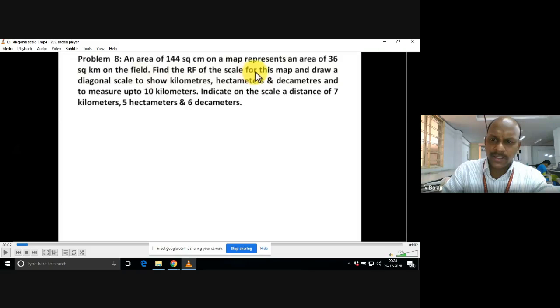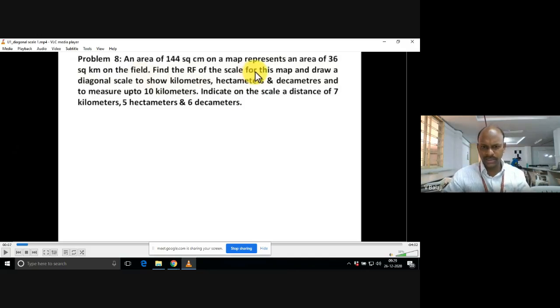An area of 144 square centimeter on a map represents an area of 36 square kilometer on the field. Find the RF of the scale for this map and draw a diagonal scale to show kilometers, hectometers, decameters, and measure up to 10 kilometers. This is the specific question. After construction is over, you need to mark a distance of 7 kilometers, 5 hectometers, and 6 decameters.